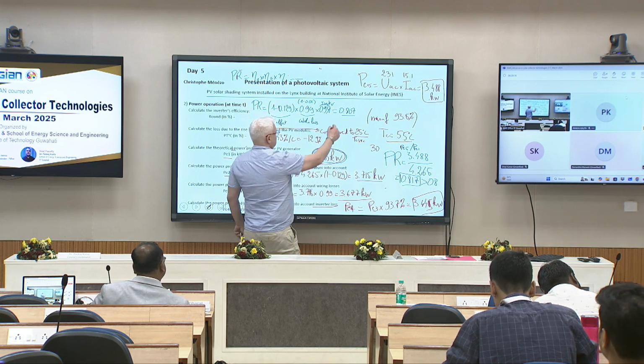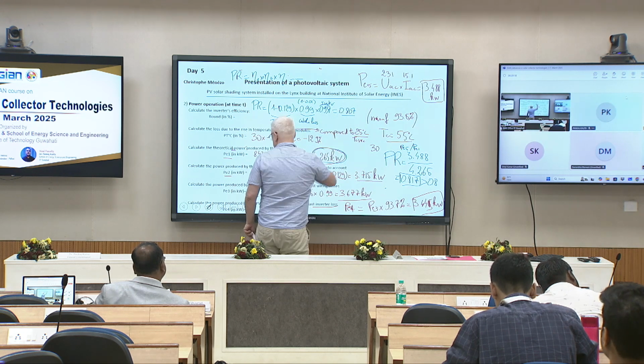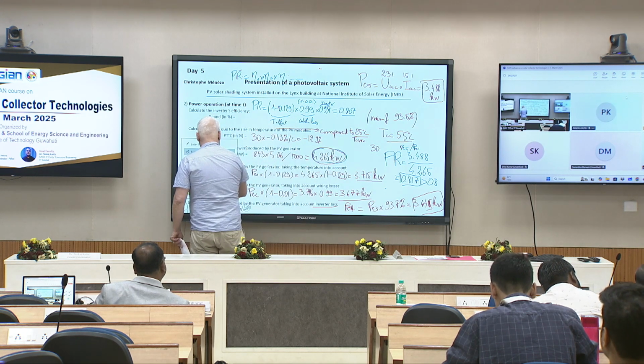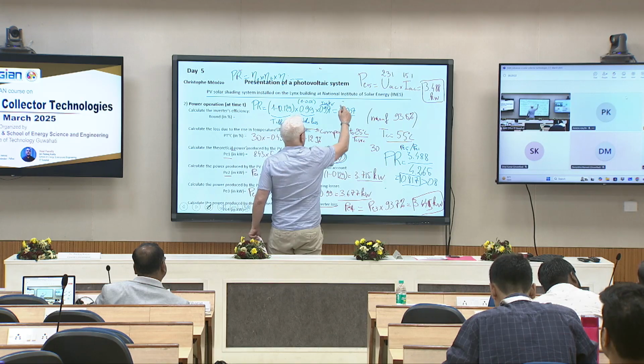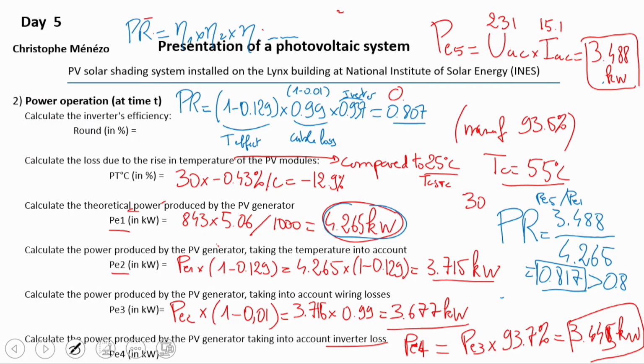I can exactly identify this percentage compared to that, okay? If I say that is equal to 0.817, what is this value here? I will find, for example, 0.007, so 0.7%, okay?